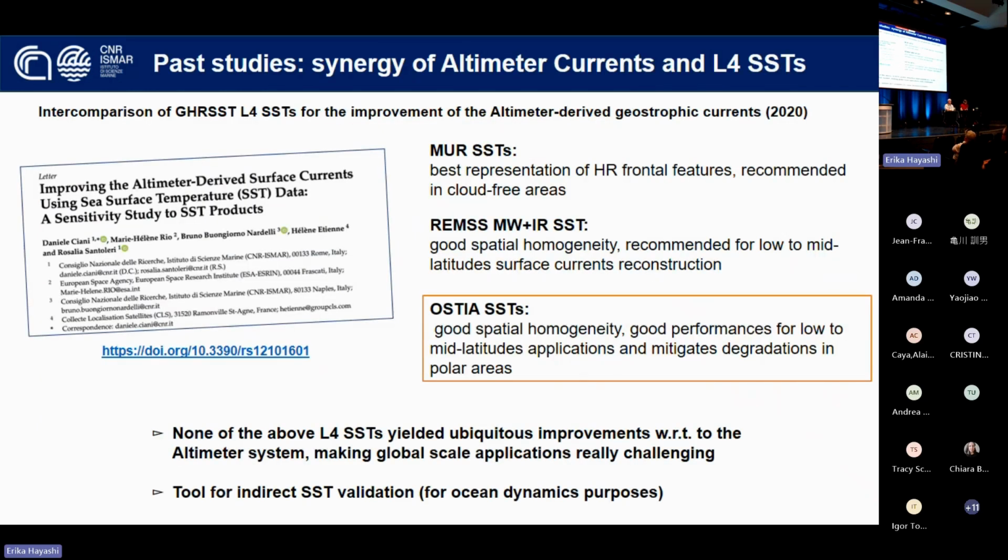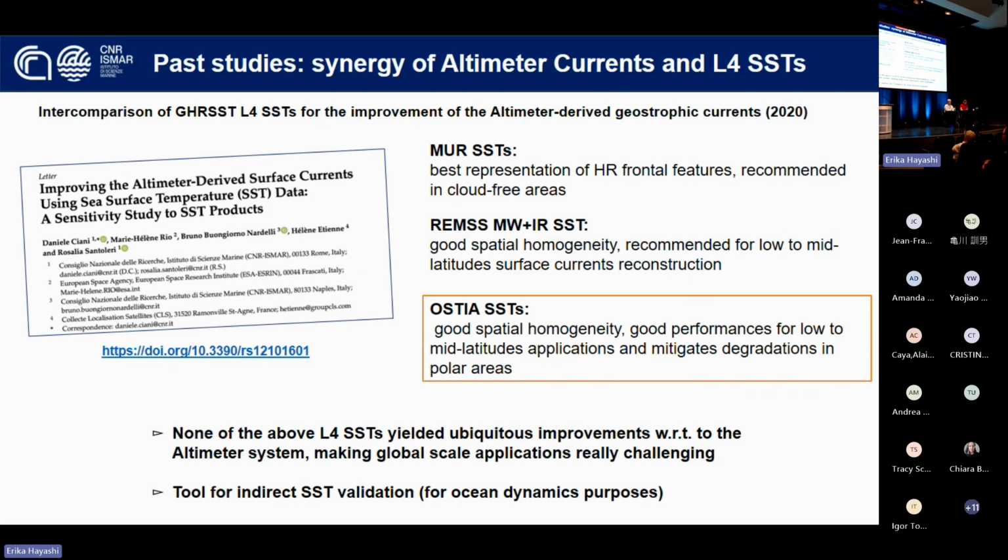Back in 2020, we performed an intercomparison study, intercomparing a few GHRSST level 4 SSTs. The outcomes of this study are briefly summarized here. We took into account the more ultra-high resolution SSTs, the MUR and the OSTIA. So the MUR was particularly good to describe fine-scale frontal features, although limited to prolonged cloud-free conditions.